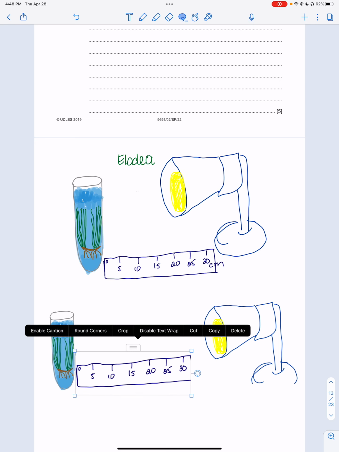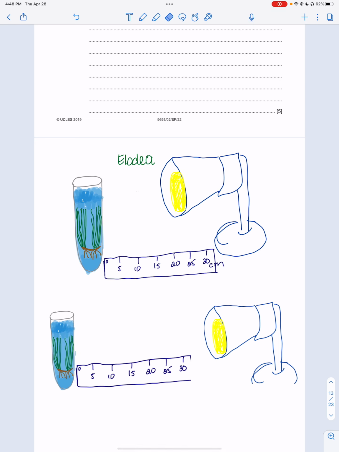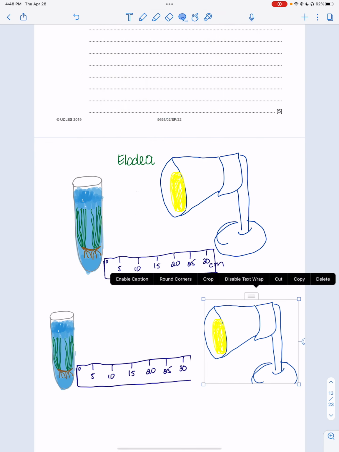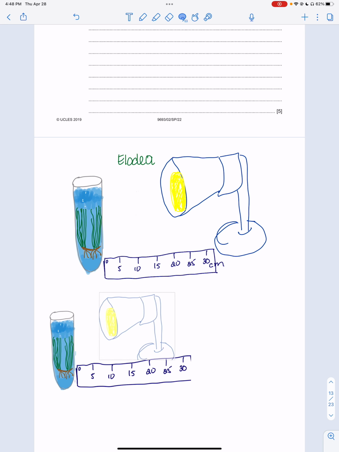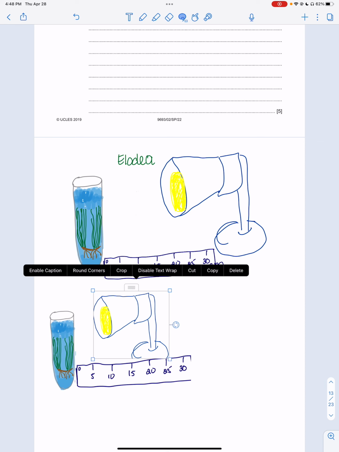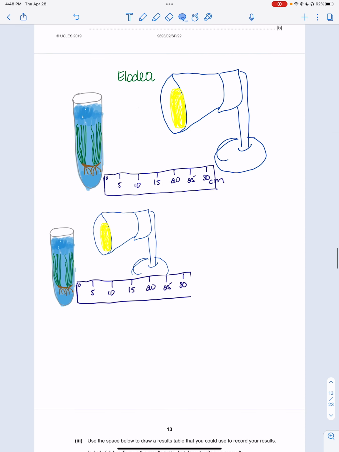And here, we'll do one at 30 centimeters, and then we can imagine that this one is going to be a little bit closer. We'll say this one's at 20. And then we'll do it all over again, and we'll put one closer.